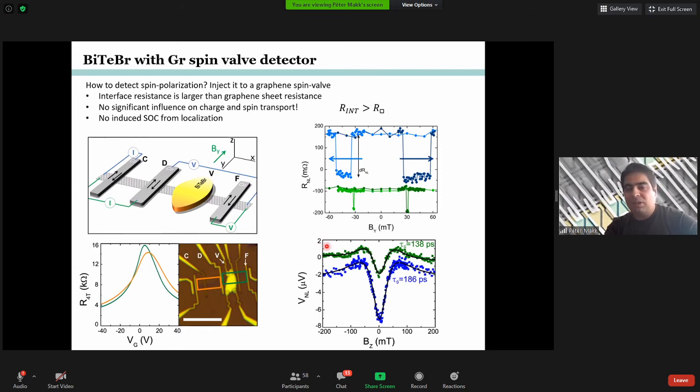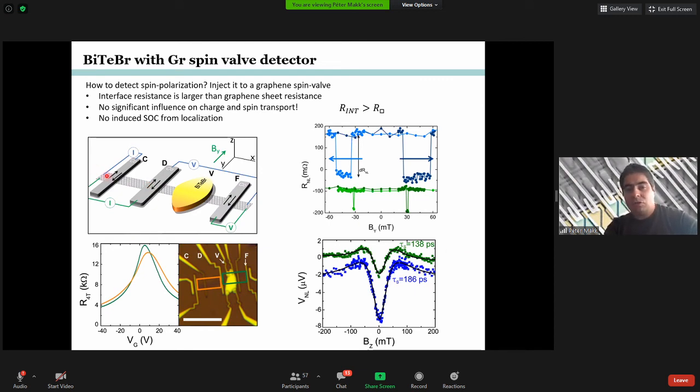To be a bit more quantitative, what we have done is a Hanle precession measurement. Here, the idea is that you apply an out-of-plane magnetic field. So if you inject spins from this contact, which are in plane, they start to precess along their travel. And depending on at which angle they arrive at your contact, they will have a larger or smaller contribution. So in a really naive picture, in a 1D ballistic case, you would expect a cosine-like oscillation as a function of magnetic field.